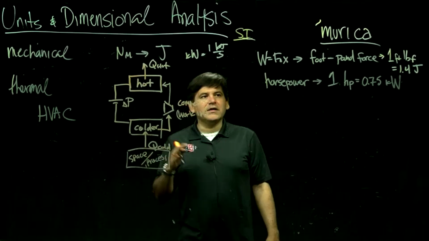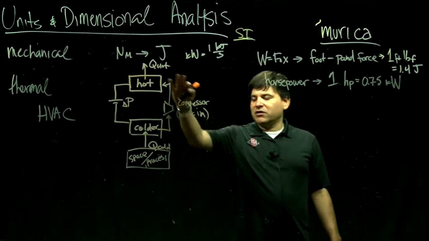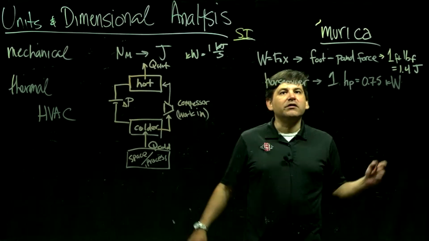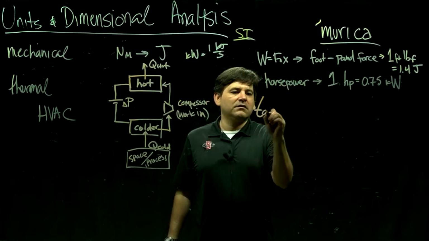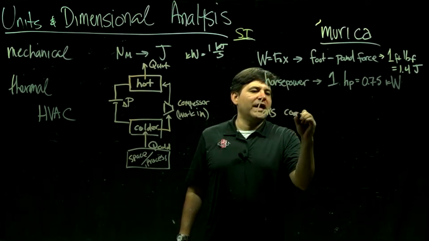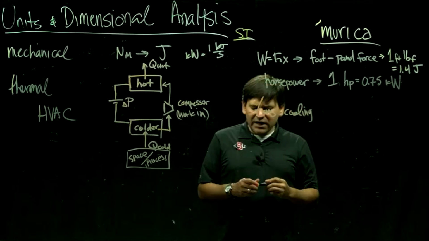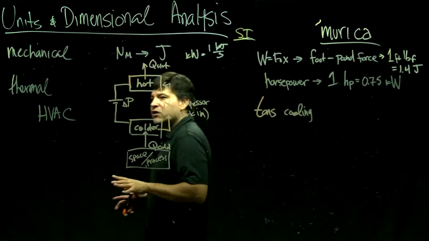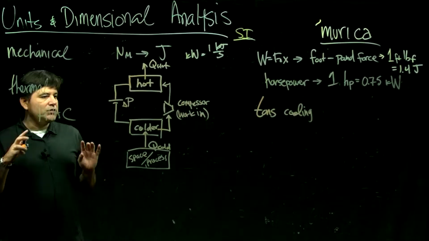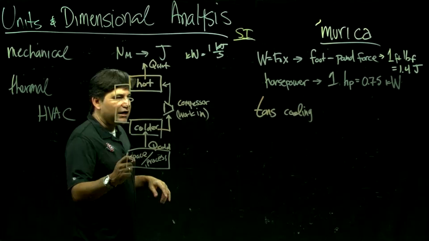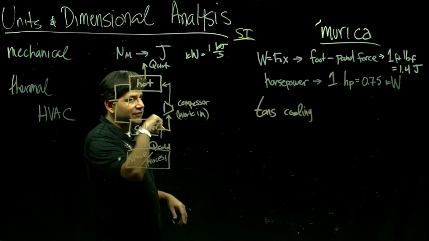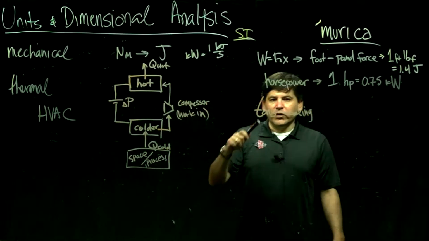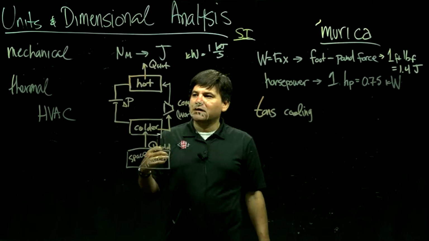And in America, depending on which one of these we're talking about, you'll use different units. So in America, there's tons of cooling. When it's an HVAC system, an air conditioning system you're trying to design, or a chiller system to chill an industrial process, the capacity of that chiller or air conditioner in America is described using this thing called tons of cooling, which comes from tons of ice.